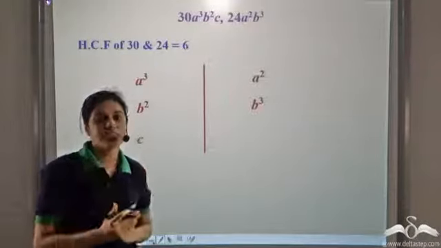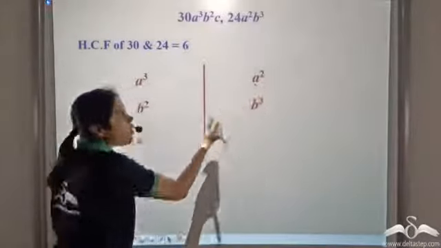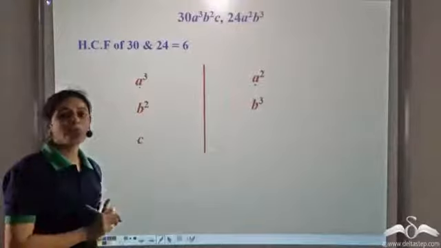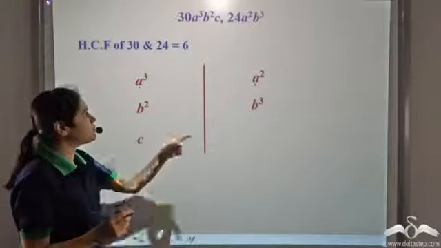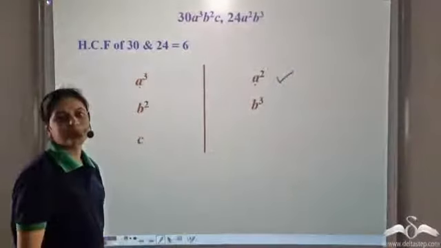So we see that A is common in both the terms. What is the lowest power of A in both the terms? 2. So we take A square.